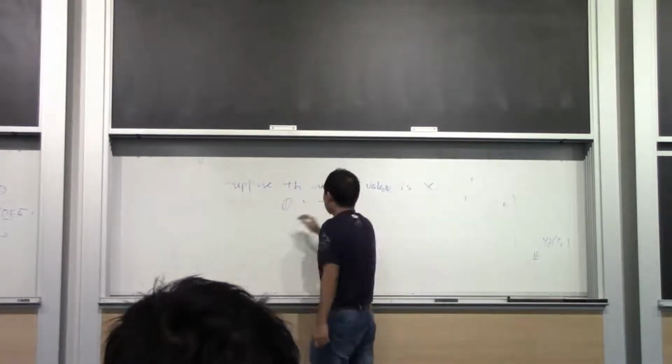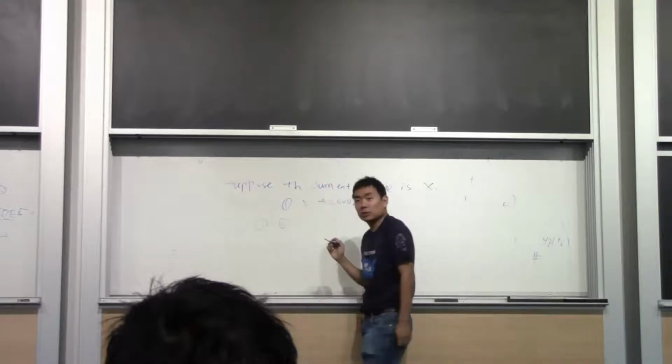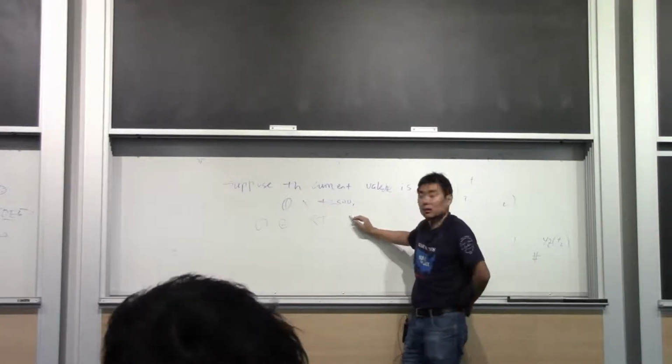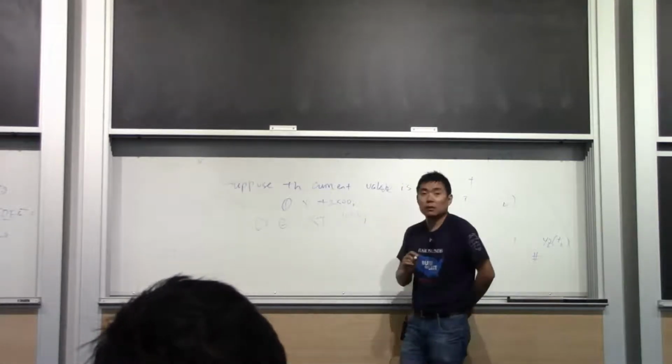But you may also end up with possibility number 2, which is X plus 1,000.